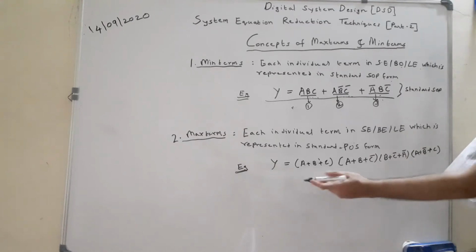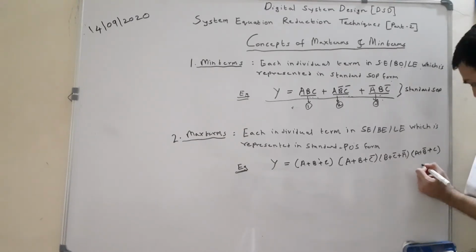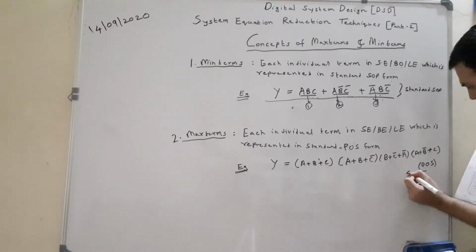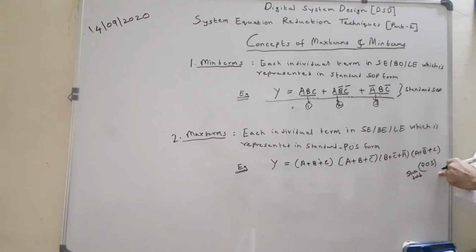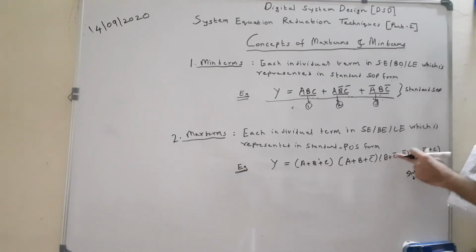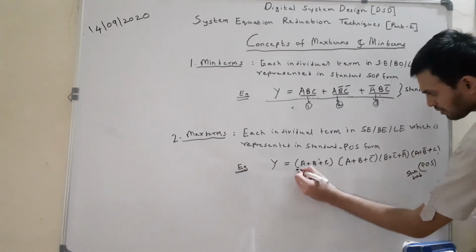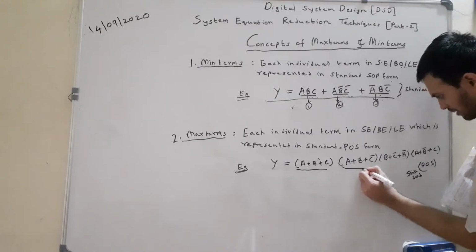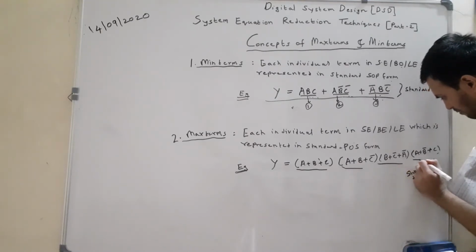So this is a system equation which is expressed in the standard POS form, that is, product of sums form. In the standard POS form, each individual term from this expression is a max term. So this is an individual term, this is an individual term, this is an individual term from this particular expression.